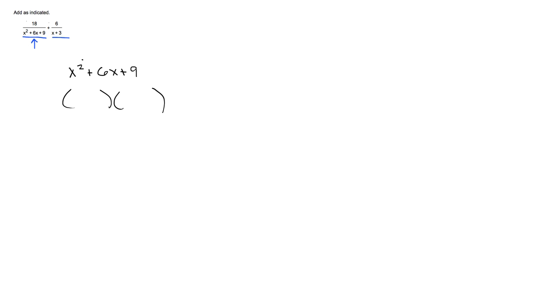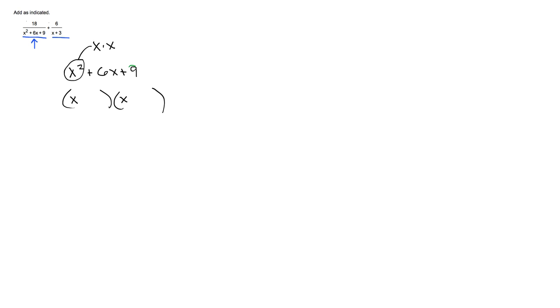The first step in factoring is to look at the first term, so we have x squared, and we ask ourselves what times what gives me x squared? Well, x times x is x squared. So that means that I can place an x in the first position of the first parenthesis, and I can place an x in the first position of the second parenthesis.